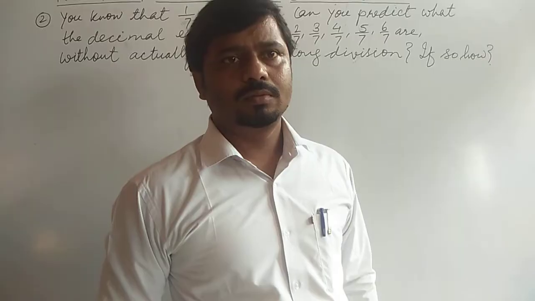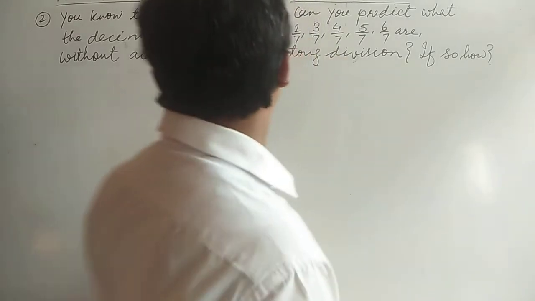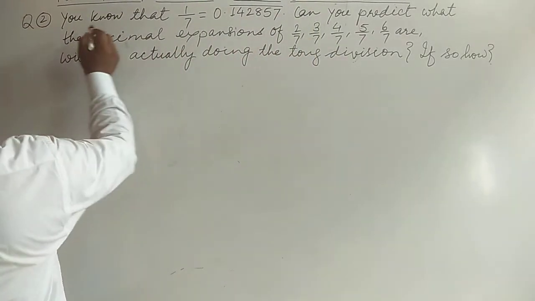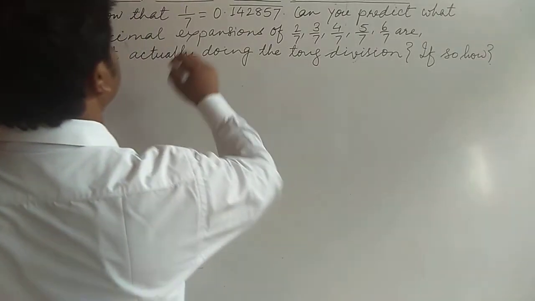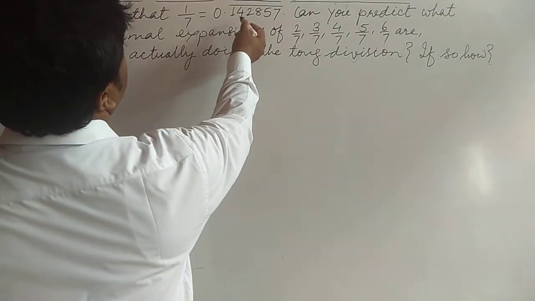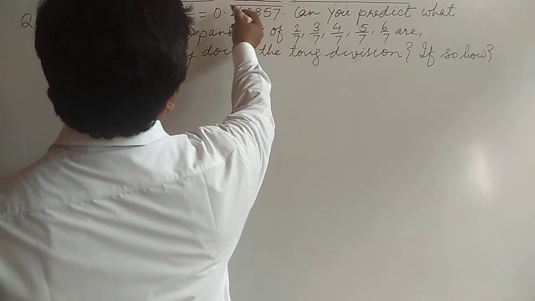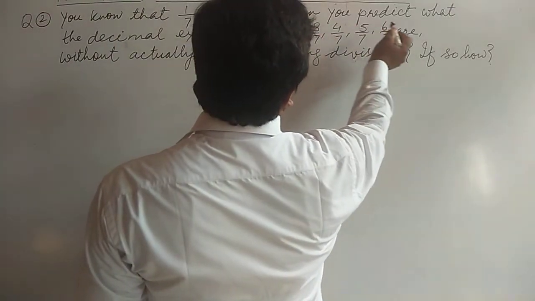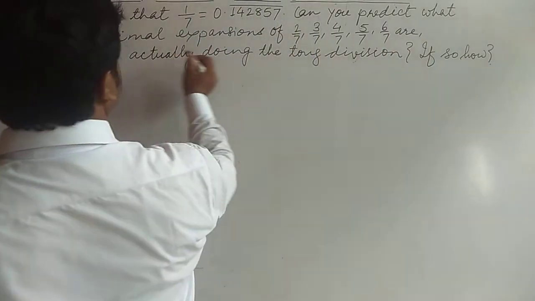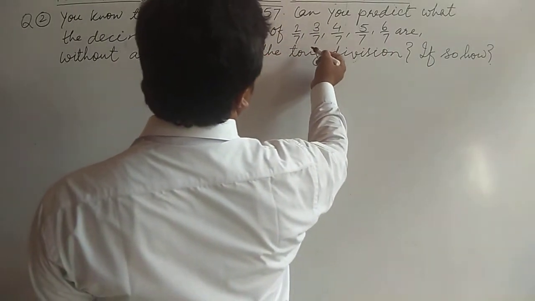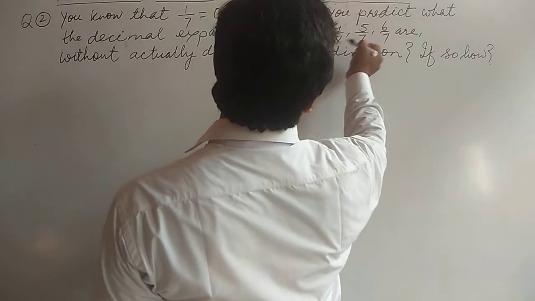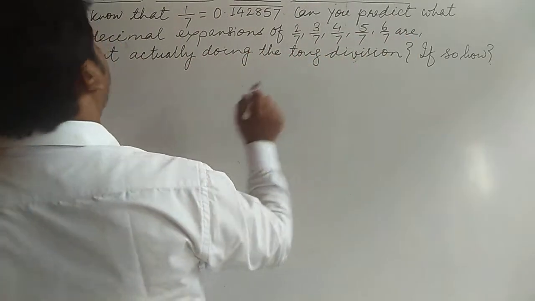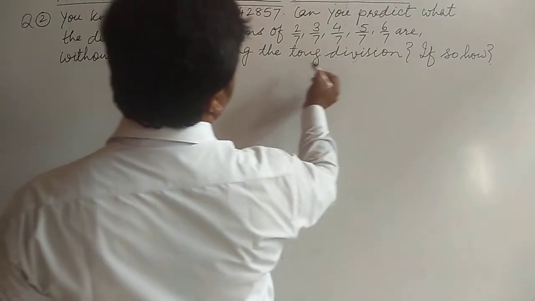Okay, let us see question 2. You know that 1 upon 7 equals 0.142857 with a bar. Can you predict what the decimal expansions of 2 by 7, 3 by 7, 4 by 7, 5 by 7, 6 by 7 are without actually doing the long division?